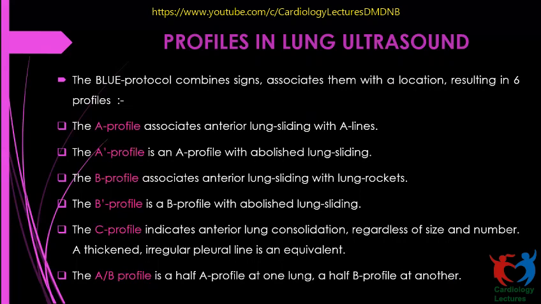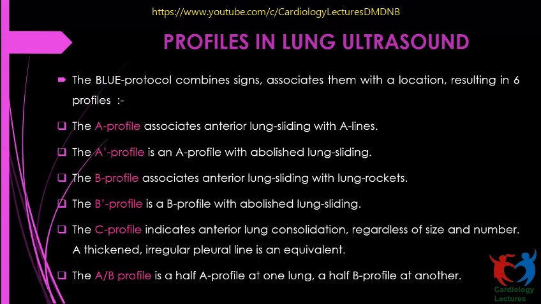So, depending upon the lines, there are profiles of the lung ultrasound. Lung sliding is when, during respiration, the parietal pleura and the visceral pleura rub against each other because of the slight physiological fluid in the lung.